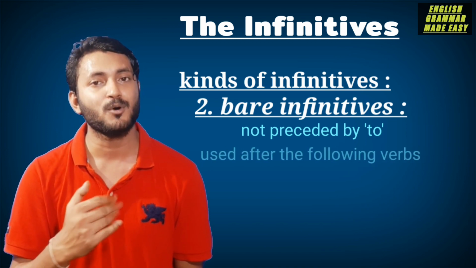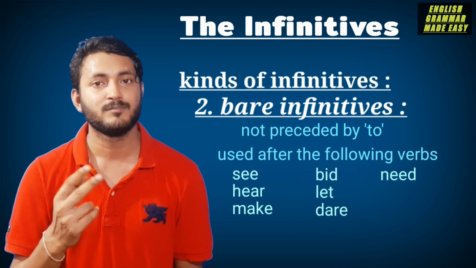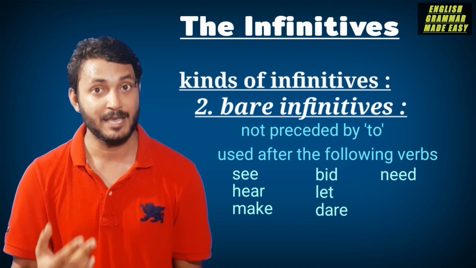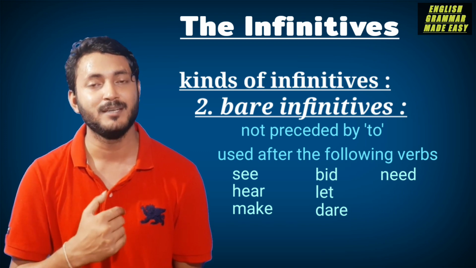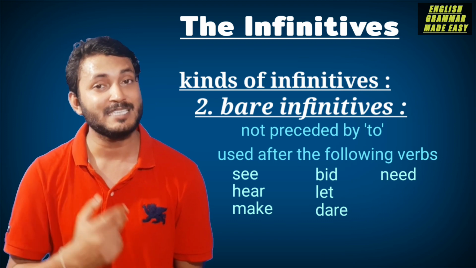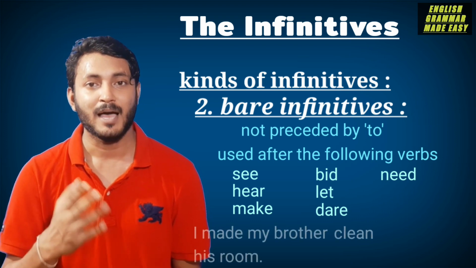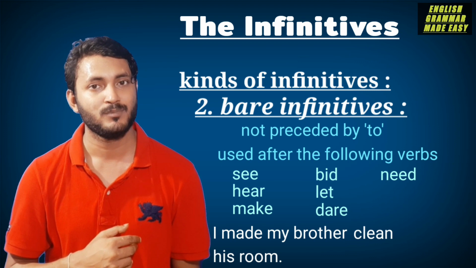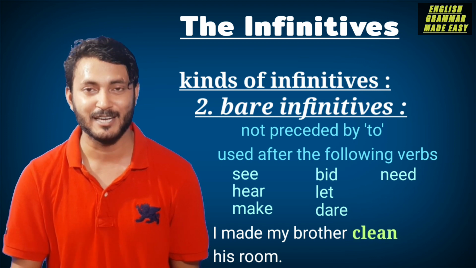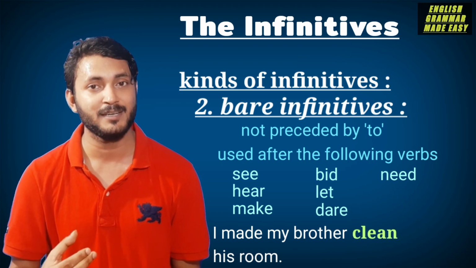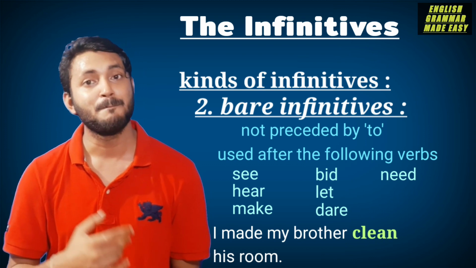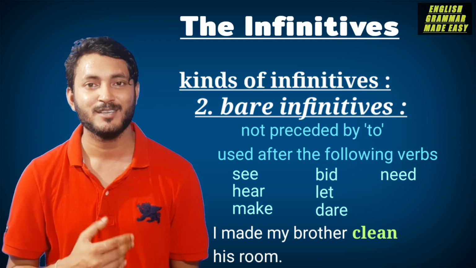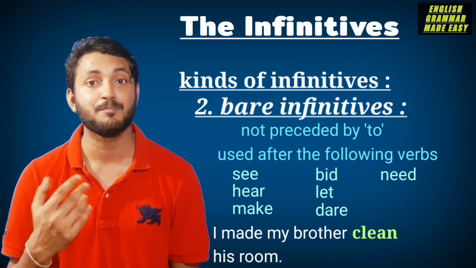Bare infinitives are also used after certain verbs like see, hear, make, dare, need, let, bid. Okay, so if I say a sentence, I made my brother clean his room, our infinitive is clean. It is the base form of the verb clean, written after the verb made. Made is the past form of the verb make, and here clean is our bare infinitive.